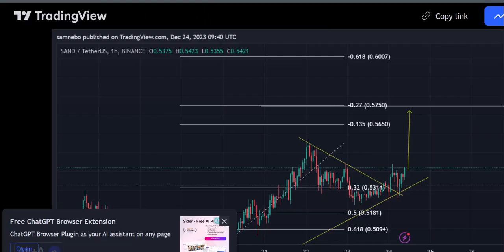Now, the next one here, we are also expecting a breakout because we have seen that the market has given us impulse, correction, impulse, that is A, B, C. And at the end, it has broken this trend.